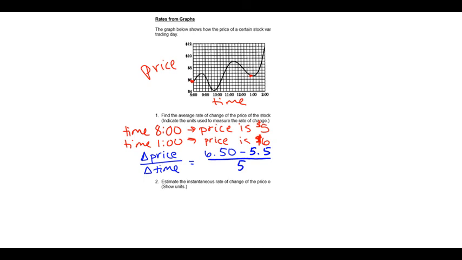So similarly to tables, to estimate the instantaneous rate of change, we would look at the time 9:15, which is about here, and we would draw a line.